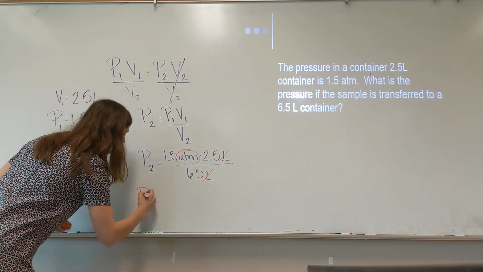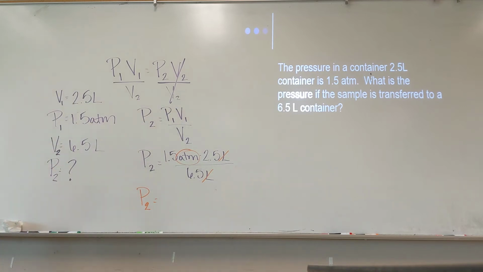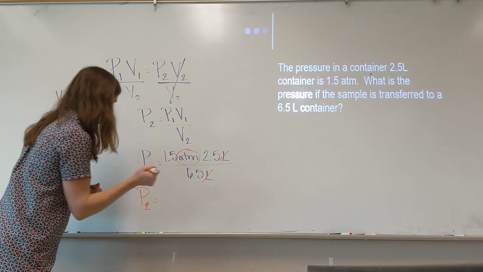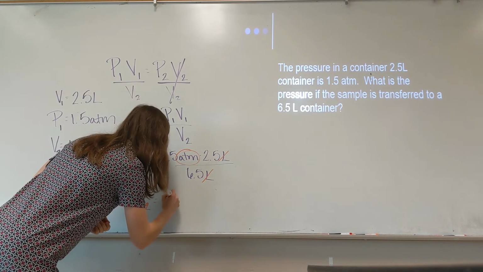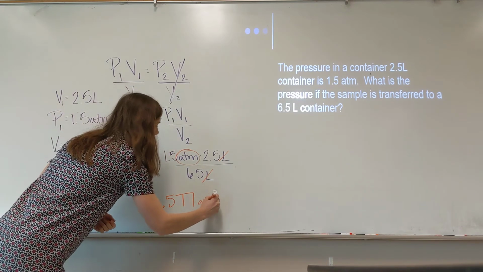Pressure 2, 1.5 multiplied by 2.5 divided by 6.5 is equal to 0.5769, so I'll get 0.577. And my units are atmospheres.